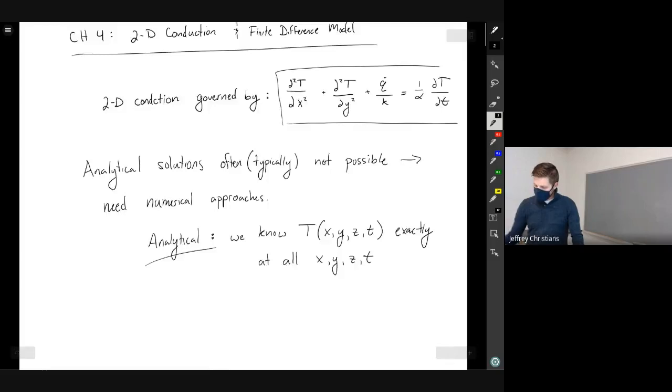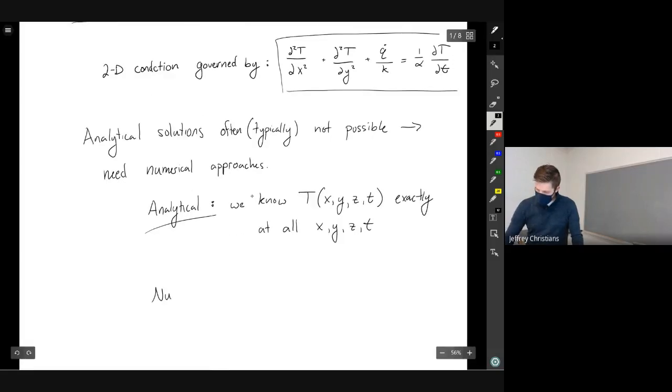With the numerical solution, our goal is to find T, X, Y, Z, time at specific discrete points.